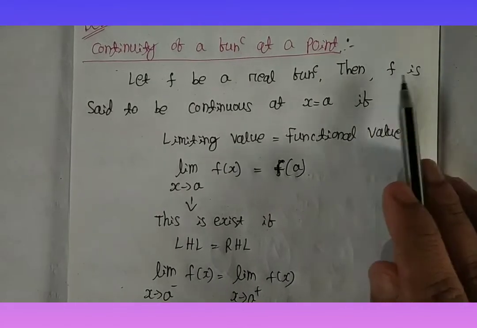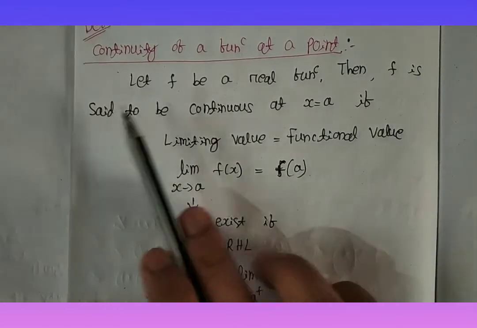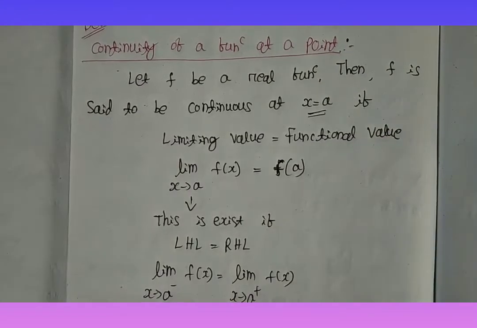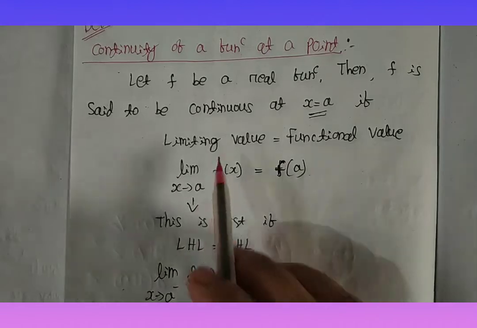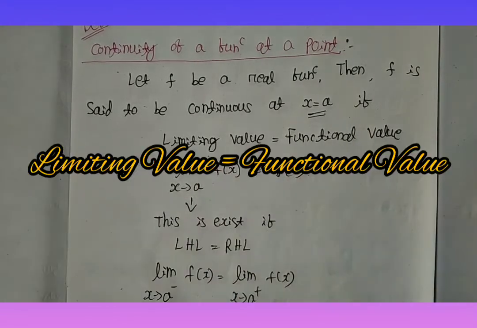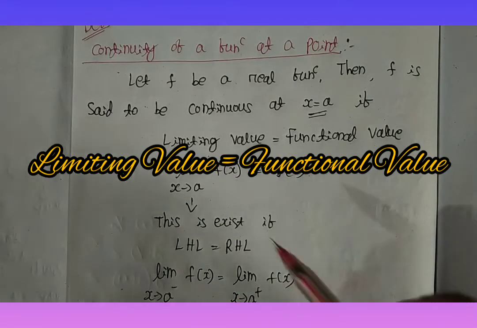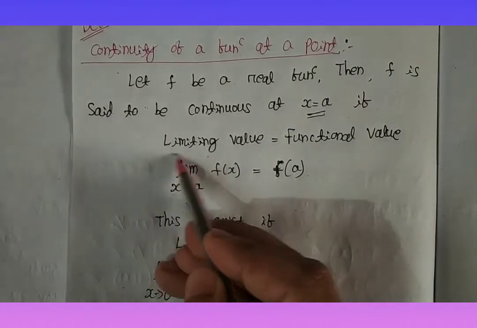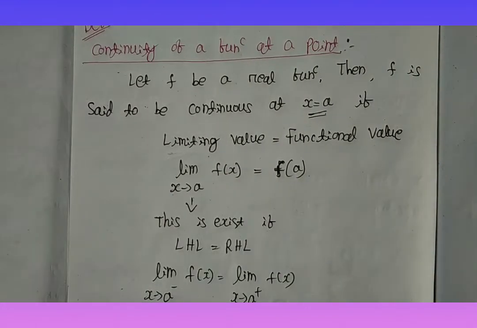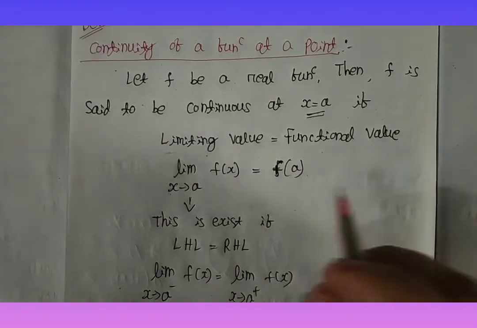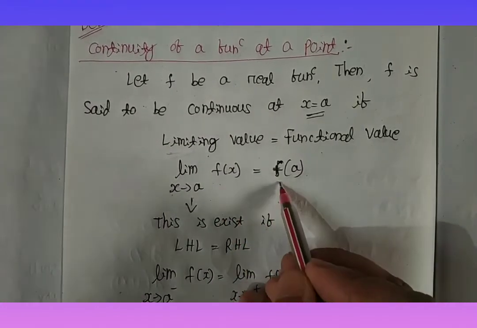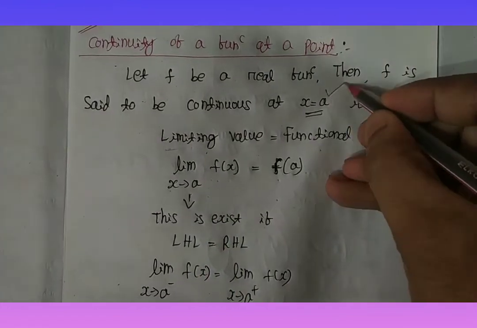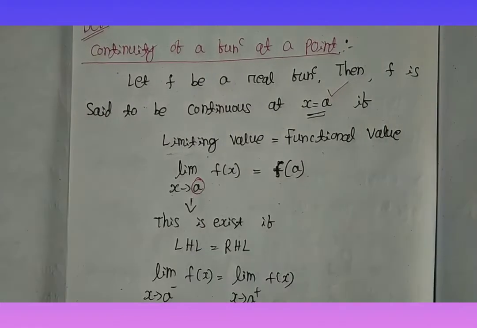Then f is said to be continuous at a particular point, x equal to a, if the limiting value is equal to the functional value. Limiting value means limit x tends to a of f of x. This is also called the approaching value, and this is the functional value f of a. If these two values are equal, then the function is continuous at this point, x equal to a.